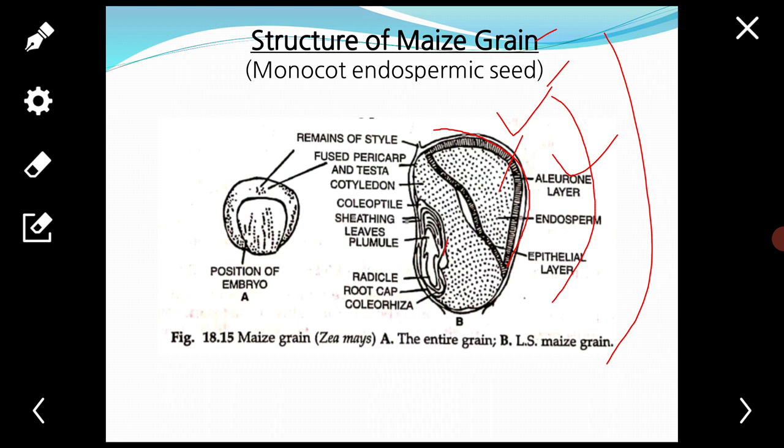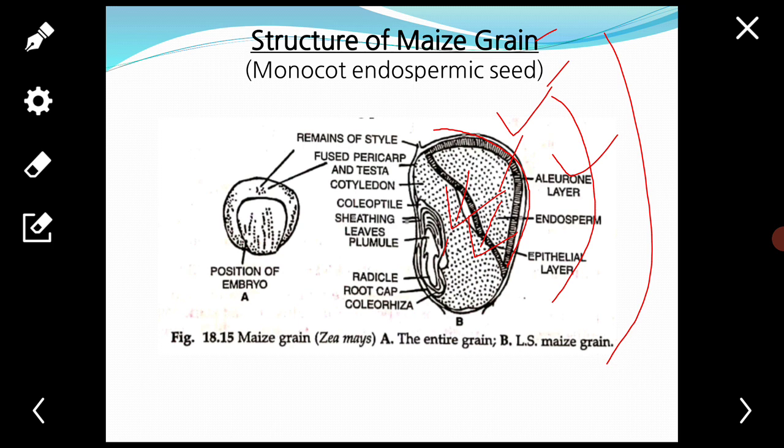The scutellum is closely pressed against the endosperm and helps in the transportation of nutrients from the endosperm to the growing embryo at the time of germination and seedling growth.